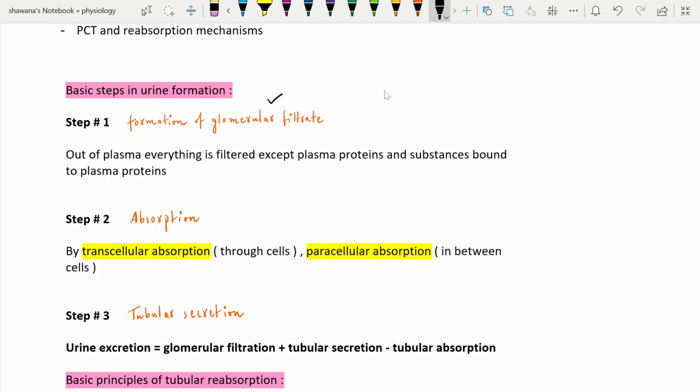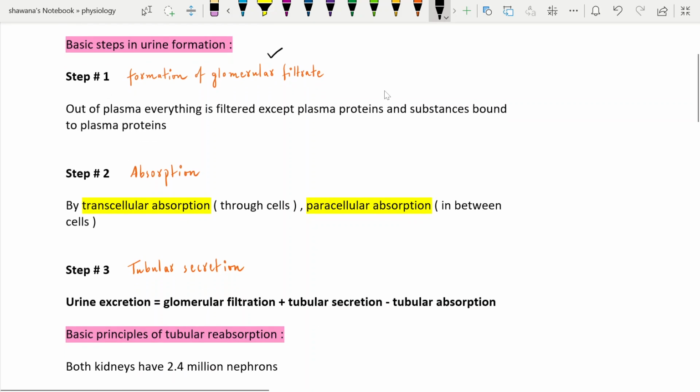All of that is filtered except the plasma proteins, because they are of high molecular weight and contain specific negative charges. For example, albumins have a negative charge, and the filtration barrier also has a negative charge, so they repel each other. And the substances that are bound to plasma proteins are also not filtered.